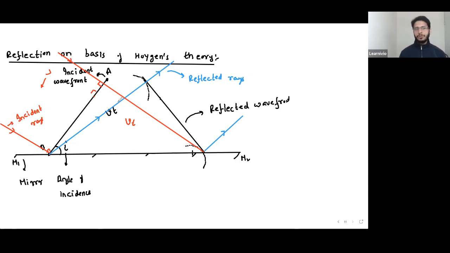It's V into T, V into T. This is again V into T. This is also Vt.